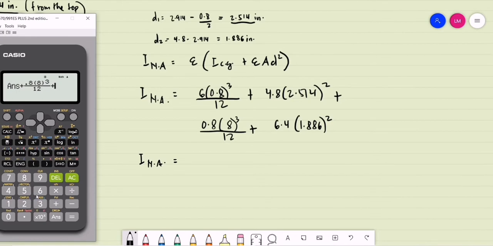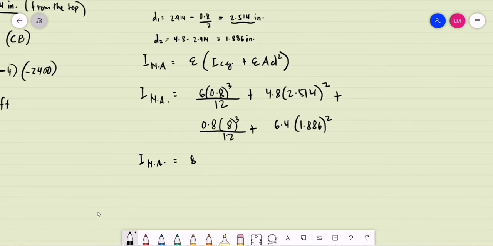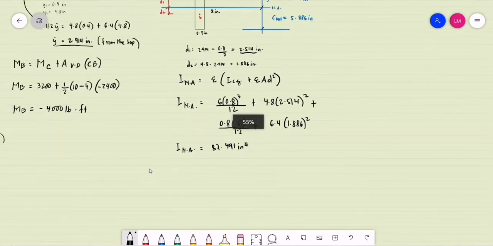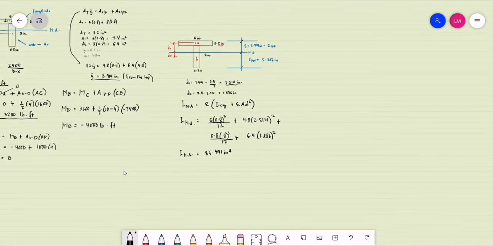Plus its area is 6.4, and the distance of its centroid towards the neutral axis is 1.886, then it should be squared. So we have that as 87.491. The unit should be inches to the fourth. So we have now the moment of inertia, that is 87.491 inches to the fourth.